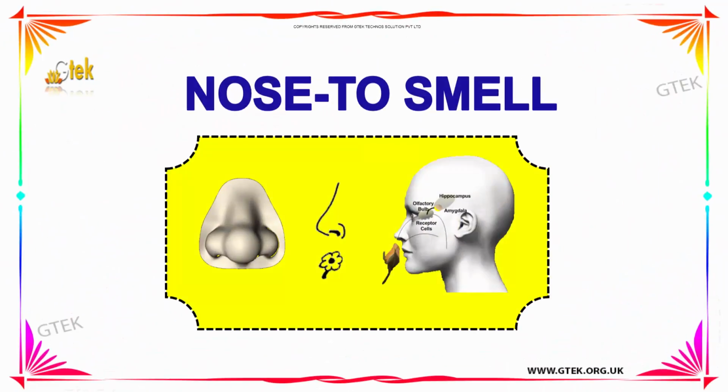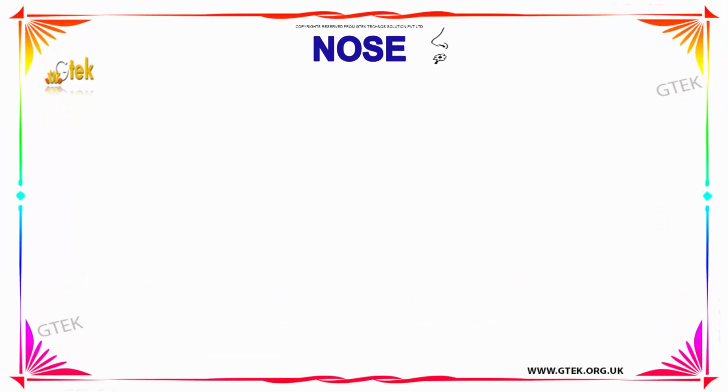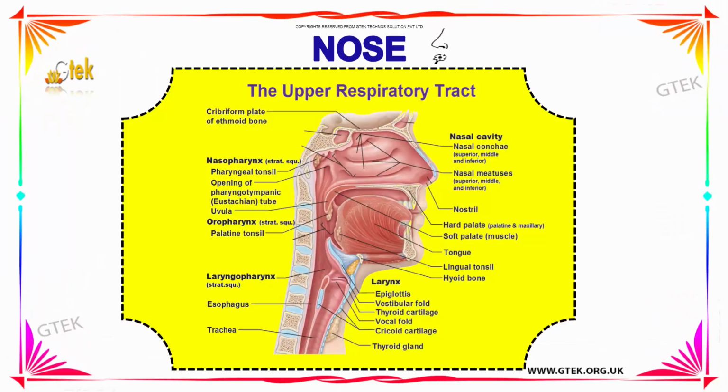We are going to see in detail about the nose that helps us to smell. This is the structure of the nose. Here you can see that your nose has the nostril, which is visible outside.